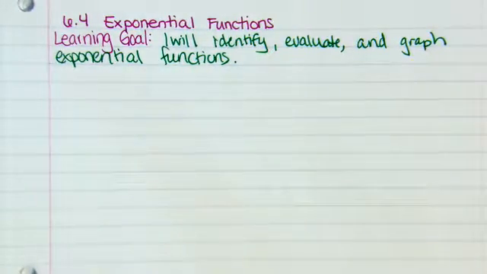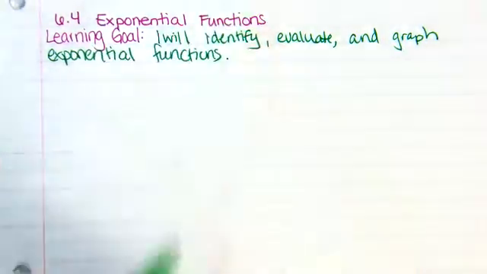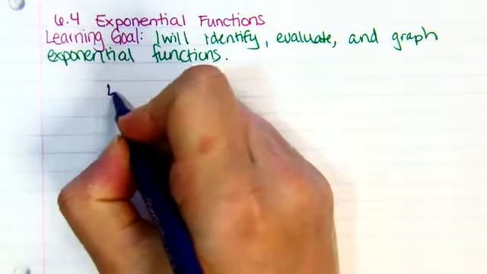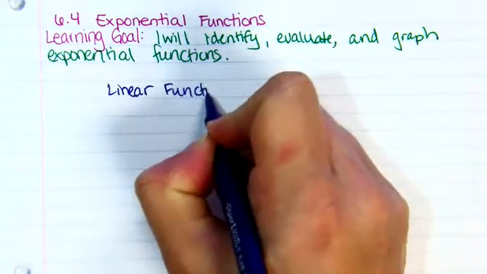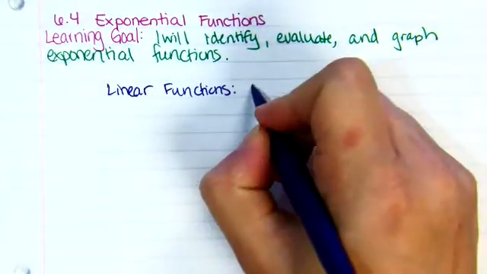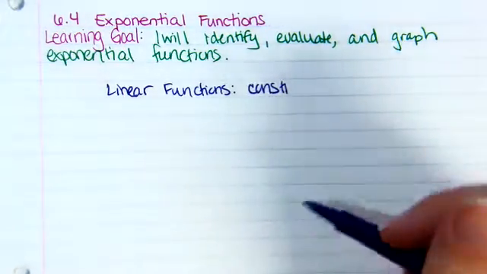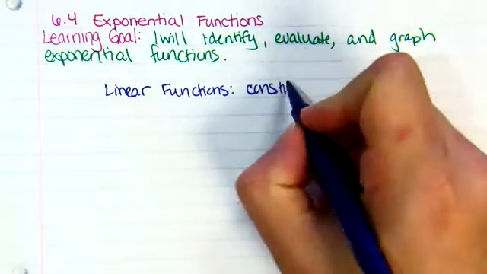So in order to think about this, we have to flash back to linear functions for a second. And remember, with our linear functions, we had a constant rate of change, which we called slope. And that we were able to find by just figuring out the change in y over the change in x, or the change in our output divided by our change in our input.